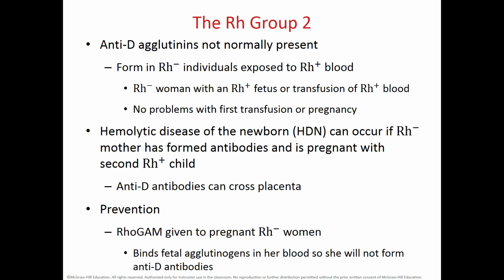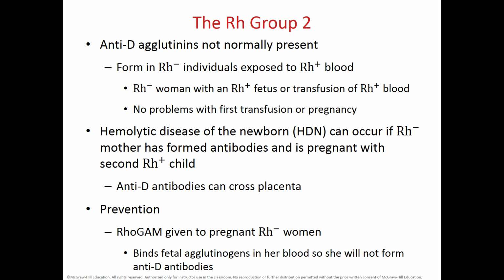For instance, if a female is Rh negative and gets pregnant and the fetus is Rh positive, or if a male who is Rh negative has received a transfusion with Rh positive blood, this person will start developing antibodies against the Rh group.